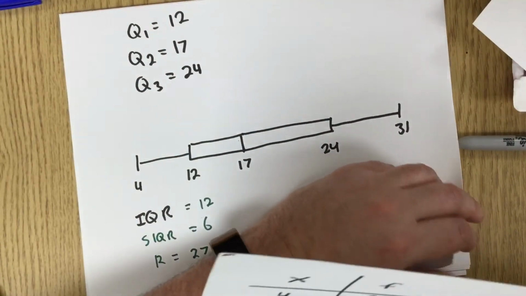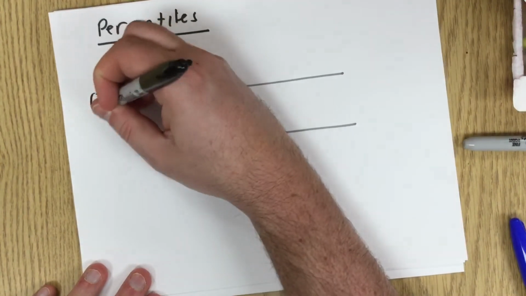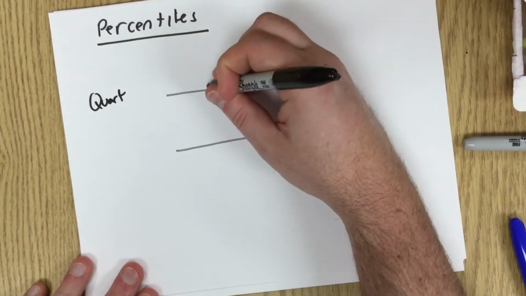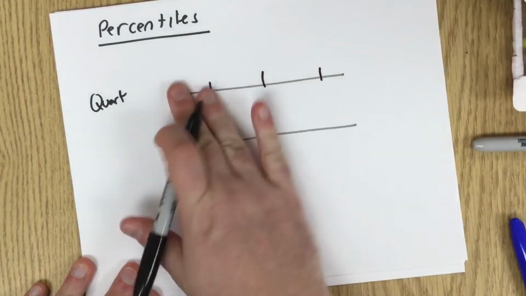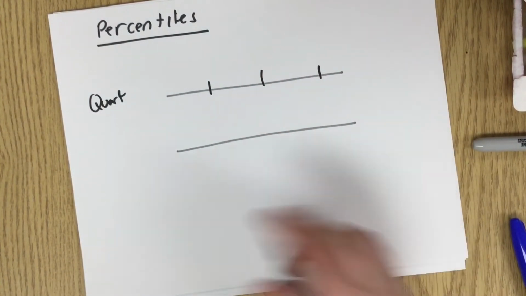Next thing, I'm not going to go over it too much. I'm just going to throw it in here at the end of our quartiles. There's something called percentiles. With quartiles, we were dividing up the data into 4 chunks. Let's pretend those were evenly spaced.